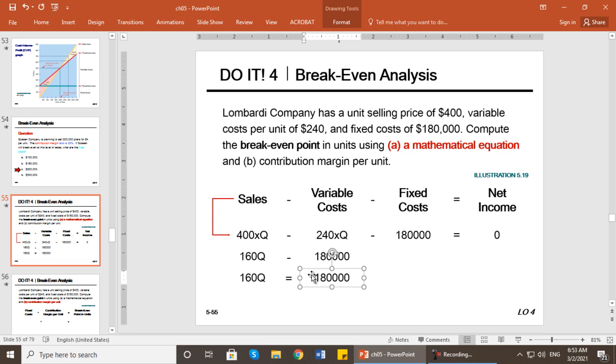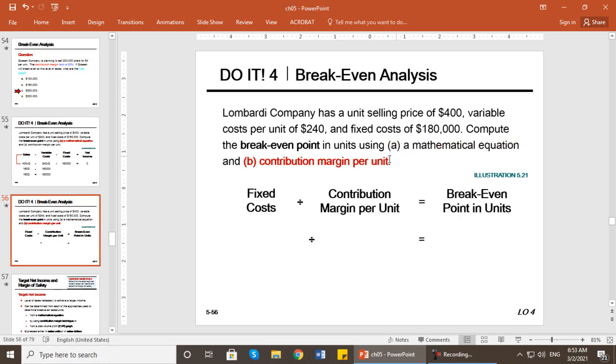We can compute break-even point by dividing: Q will be 180,000 divided by 160.